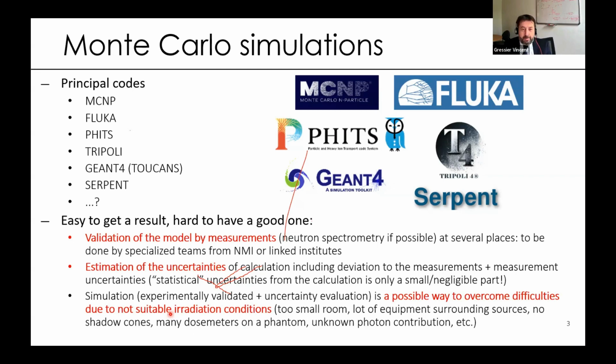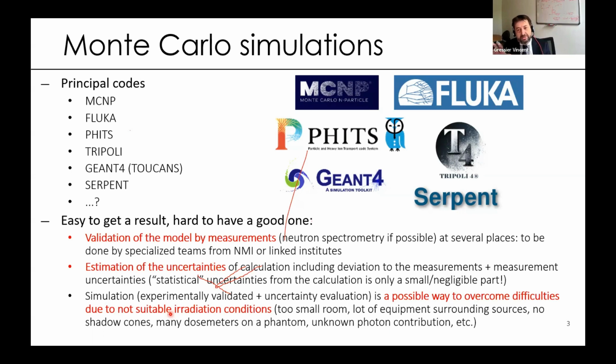So that's why you should always validate any calculation, any model that you make, by measurements, and if possible with neutron spectrometry at several places. If you model all your facility, then make some neutron spectrometry, and you match perfectly, which is hard to achieve, then you have something by simulation which is very powerful.